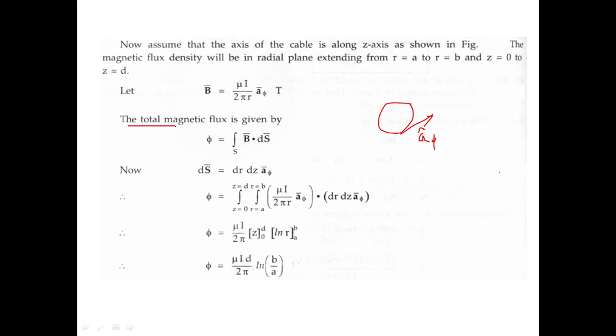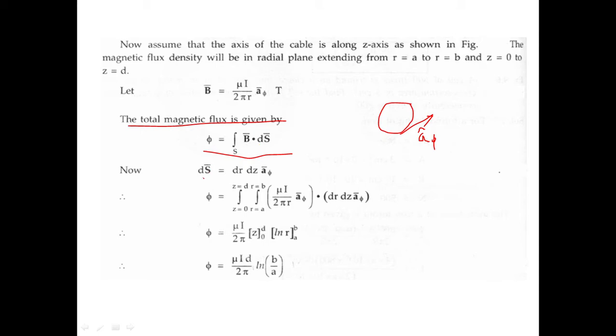Now the total magnetic flux is given by flux is equal to the integral of B dot ds. This is not a closed integral. If you take a closed integral, this will be 0, correct? As per Gauss law in magnetostatics. But here we are not taking a closed integral, it is an open integral. So B dot ds will be some flux phi.